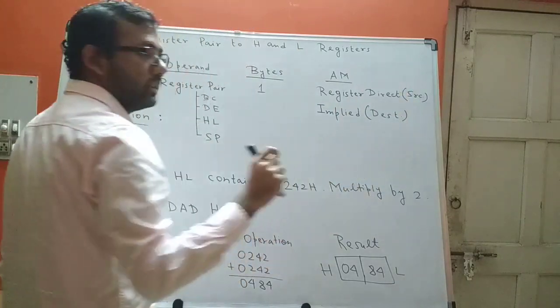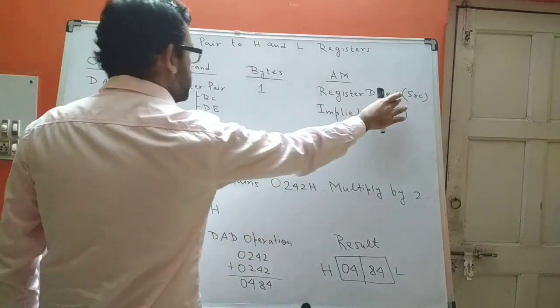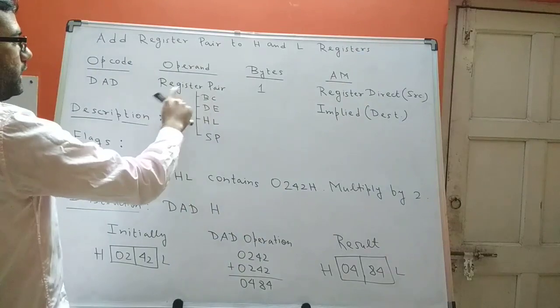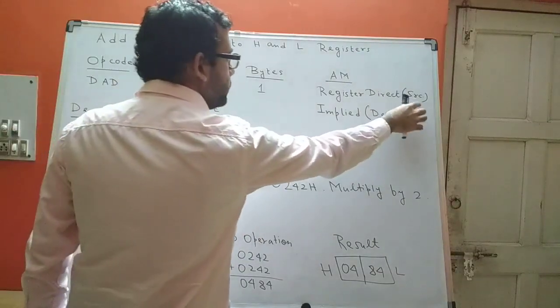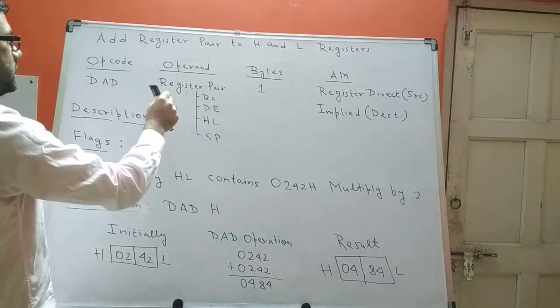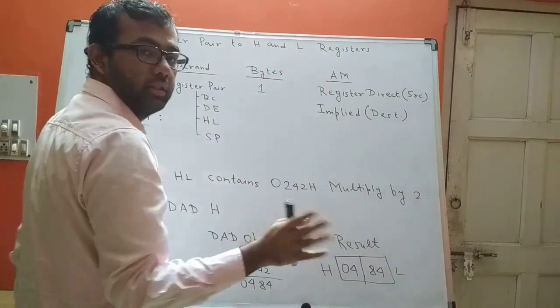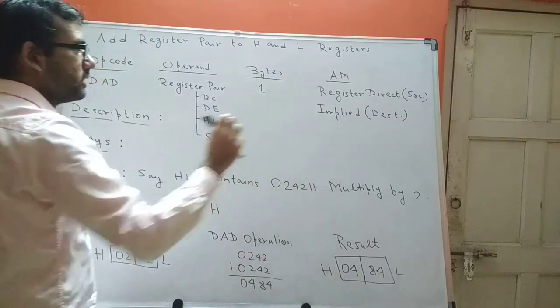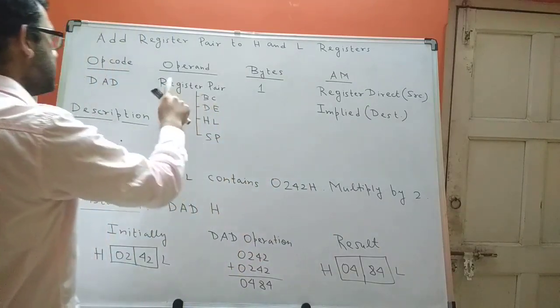If you consider the source of the operand, what is the operand? The operand is a register pair. So with respect to the source, the addressing mode is register direct. And what about the destination register? The destination register is implied to be the HL register itself.